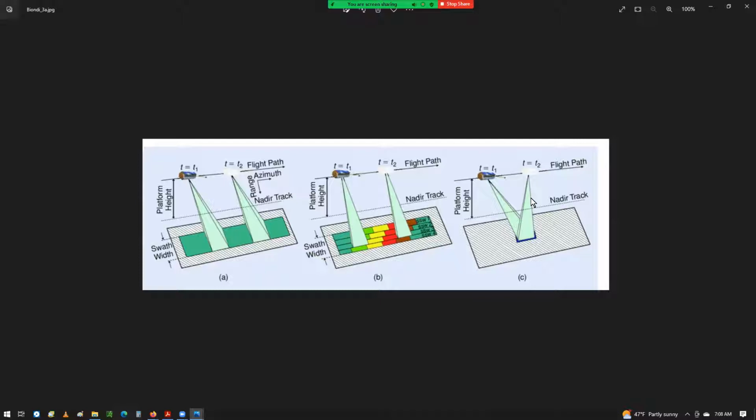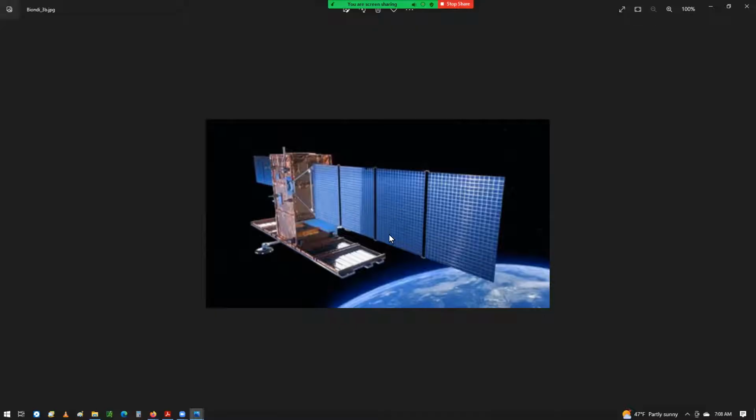Echo is a term that has to do with acoustics, with sound, but it is analogous when you talk about radar, so I'm going to use it because many people are familiar with it. So this is the echo that's coming back, and that echo is being read as the satellite sweeps past the target. This is the particular satellite that the Italian Space Agency sent up into the sky a few years ago.